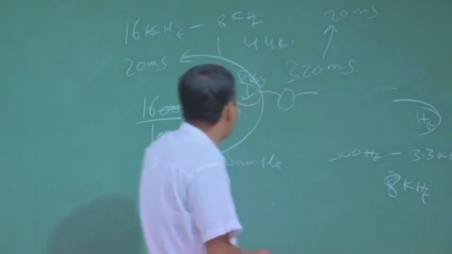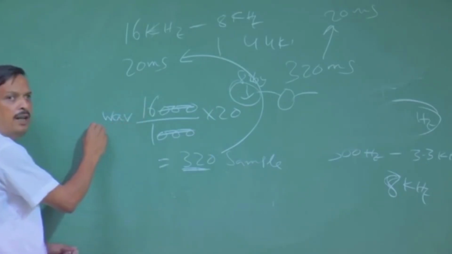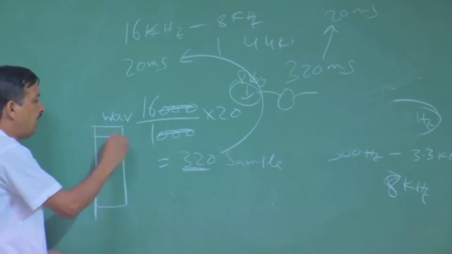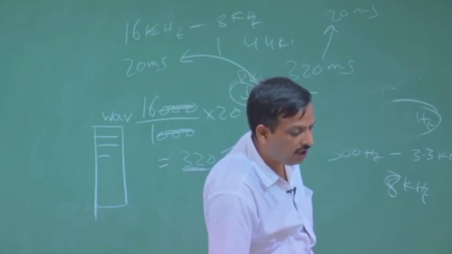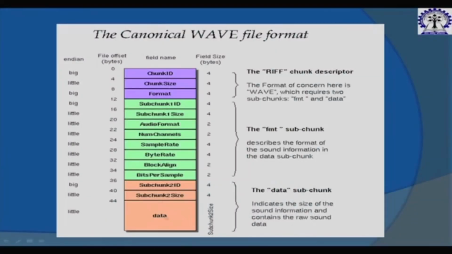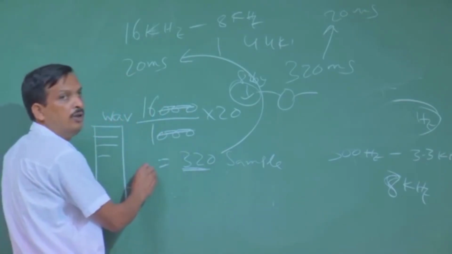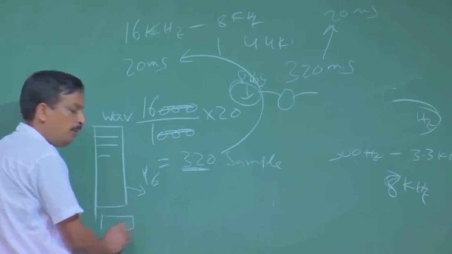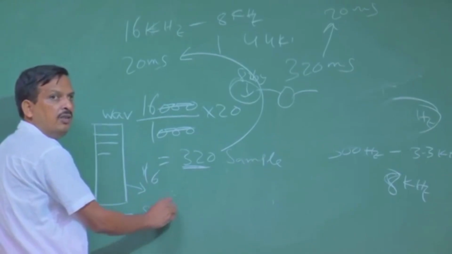Once I get the sound file in .wav format, it is a binary file that contains the whole recording of the sound. There is a header, and in this header different chunk positions hold different information. I have to know the sampling frequency of the sound and the encoded bits of the sound. If it is 16 bit, that means 2 bytes represent 1 sample. If it is 8 bit, 8 bits represent 1 sample.